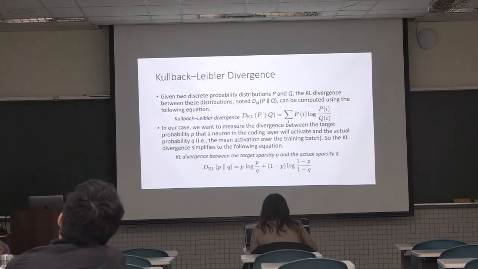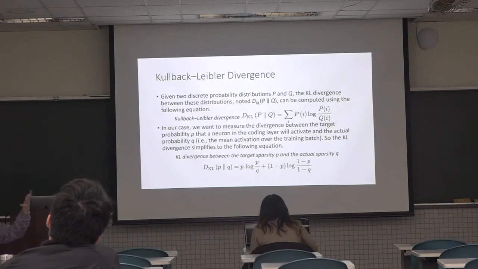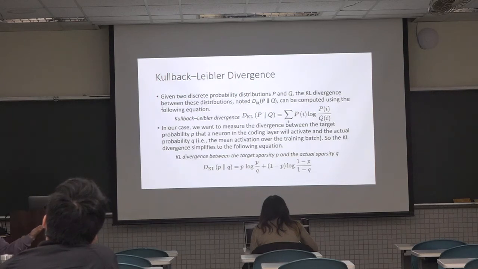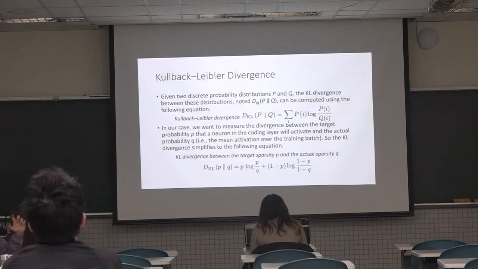Of course, if you want to measure the difference of two distributions visually, you could just look at the graph, the figure. But if you want to describe the difference quantitatively, how do we do it?